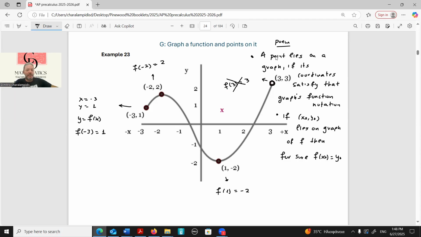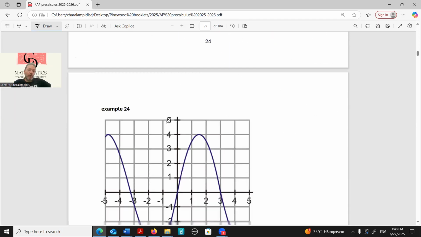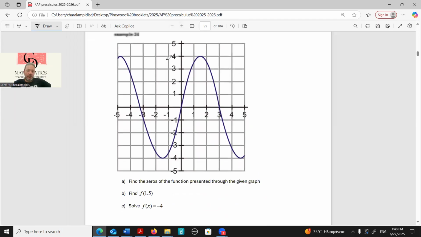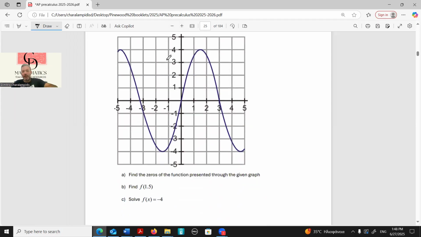It shouldn't be there. It's the end point of that graph. Now, if you understand this concept, you will find it easy to solve this example. You can take 1 or 2 minutes, you can freeze the video, and then we will solve it together anyways.